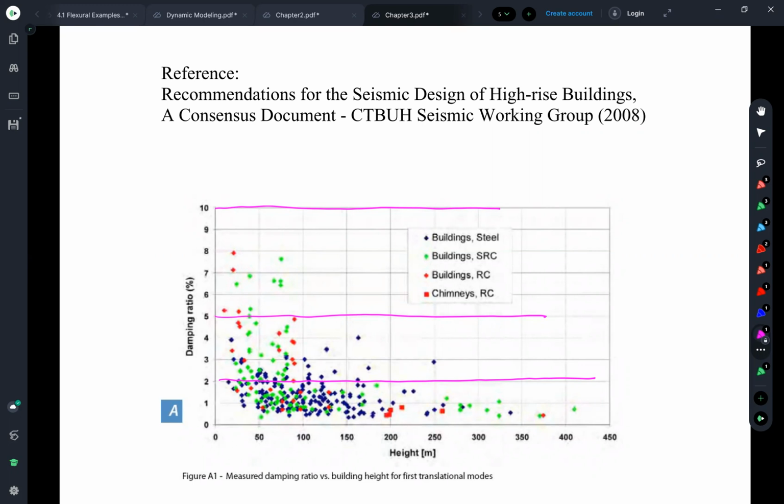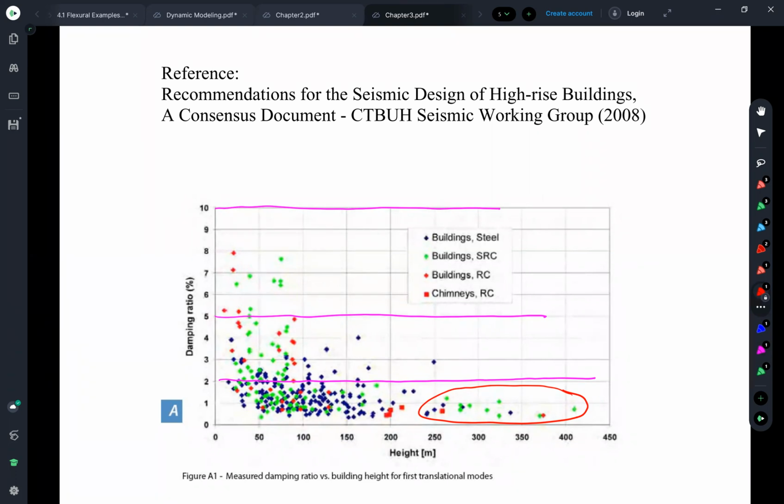See, in a very tall building here, the damping is less than 2%. Many of them are even less than 1%.